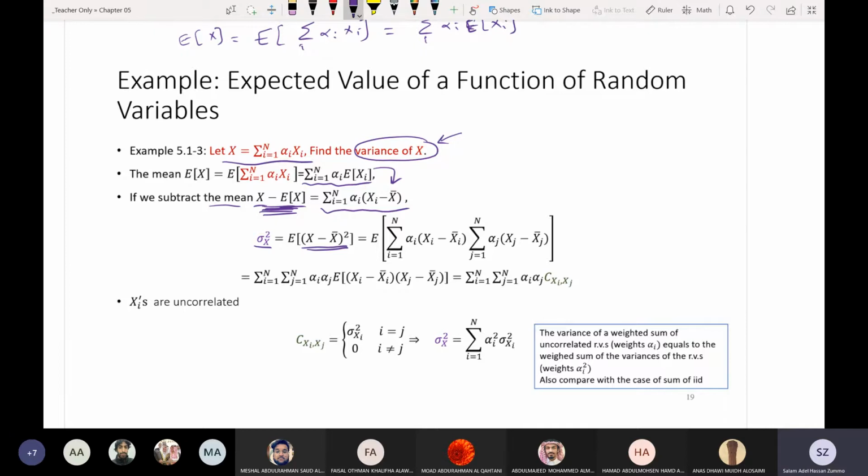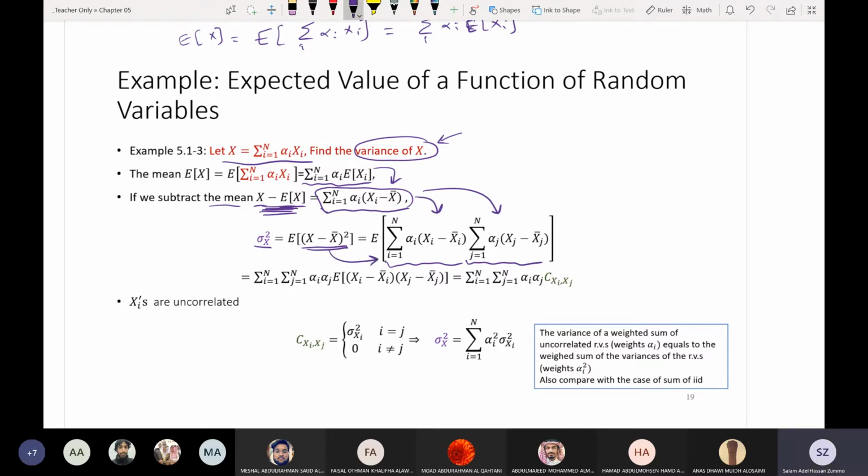So now, in order to find this, I simply take this and multiply it by itself inside the expectation. So it will be the expected value of this summation with i as an index, multiplied by the same summation with j as an index, because I am squaring it, right? هذا هو السكوير.